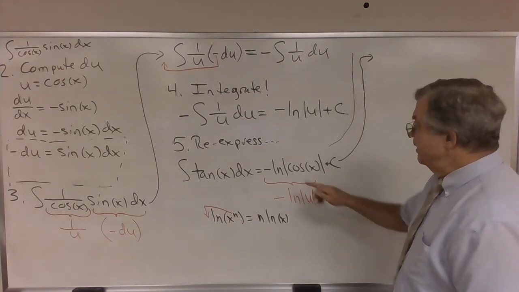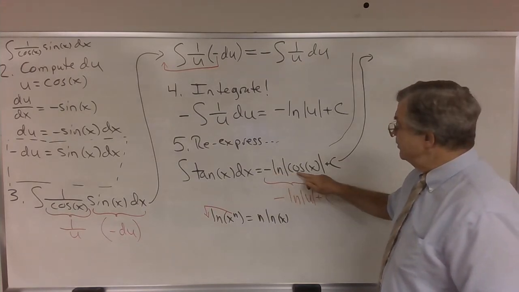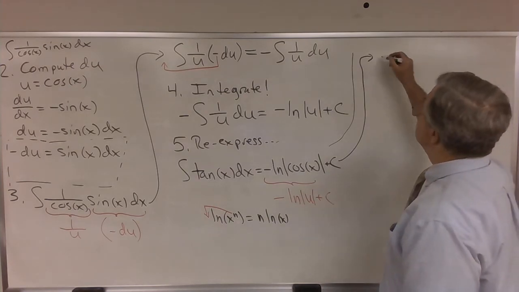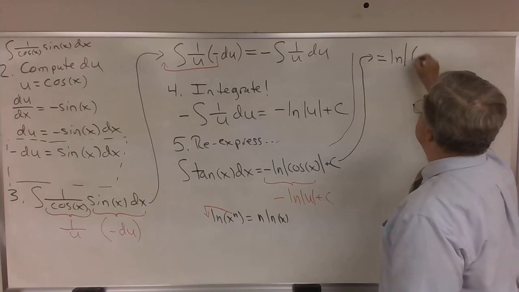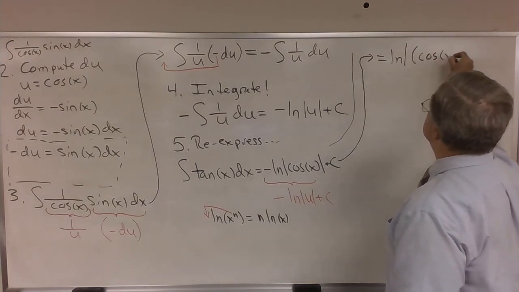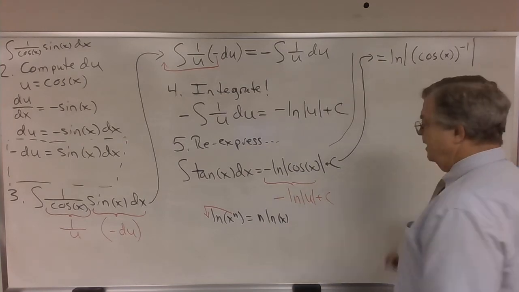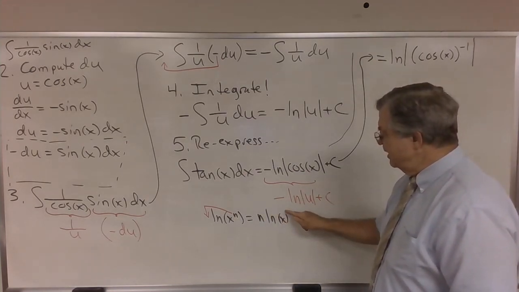Well, right here, we have a constant, negative 1, times natural log of cosine of x. We can rewrite it as the natural log of cosine of x to that power. In other words, we're taking the exponent and moving it back up here.